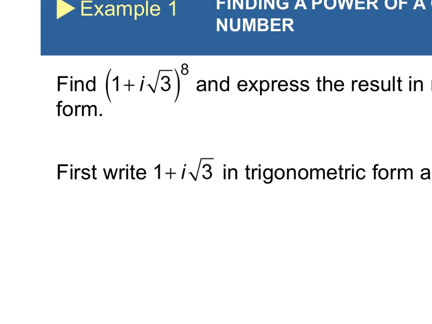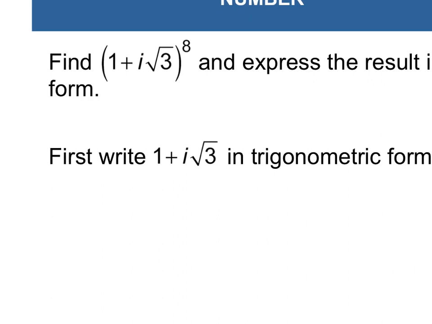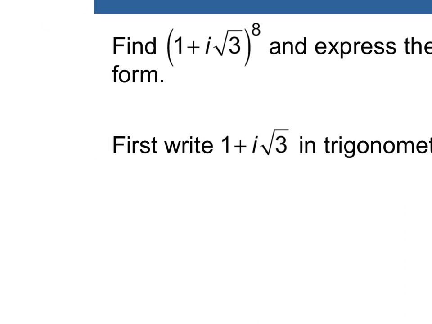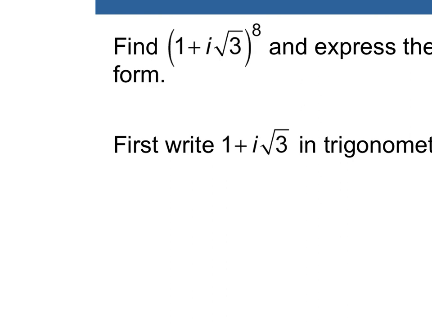Well, that looks familiar. I was doing another problem to the 8th power. I was doing 1 plus I to the 8th power. This is 1 plus I square root of 3 to the 8th power. We did play around with this on the previous page when I squared it, I believe. So I don't remember my answers. Let's write it. First of all, let's figure out what this vector looks like. 1, and that's a square root of 3 at the top, so it's a little bigger than, it's almost a 2.